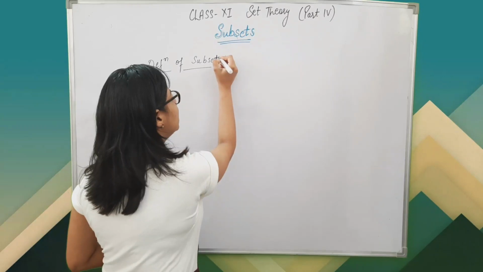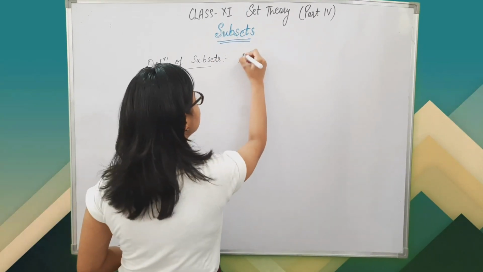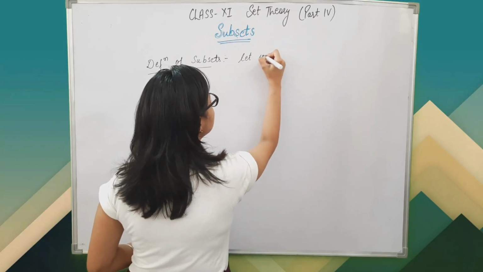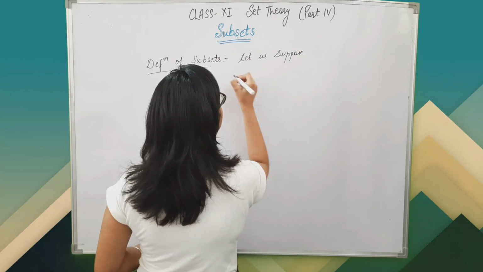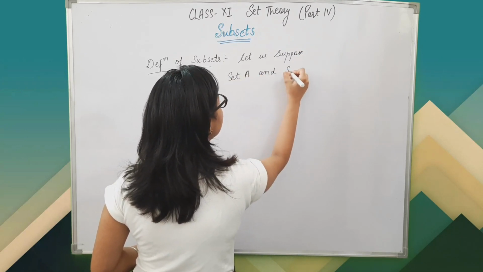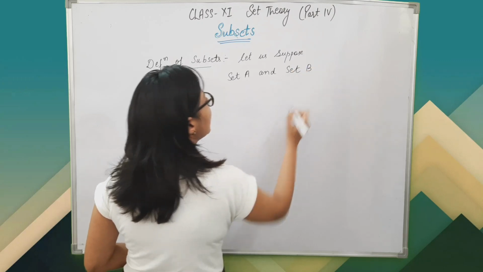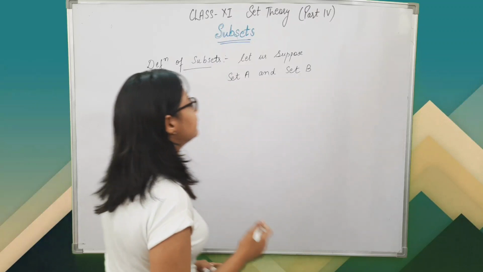If you want to make the subsets, you first have to suppose two sets, right? Let us suppose set A and set B. I give you two sets, set A and set B. Okay.